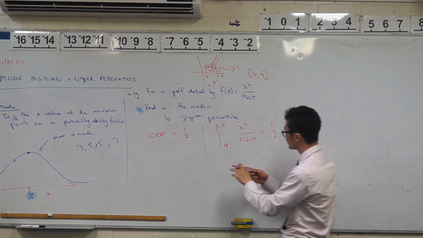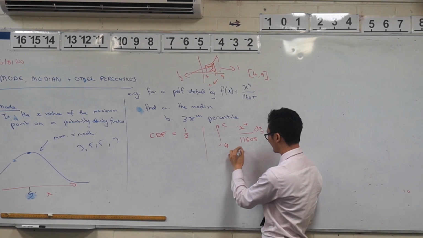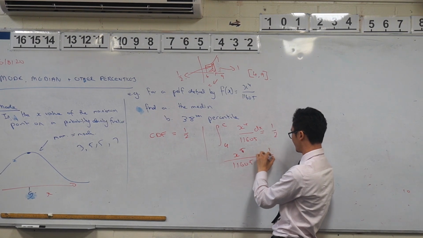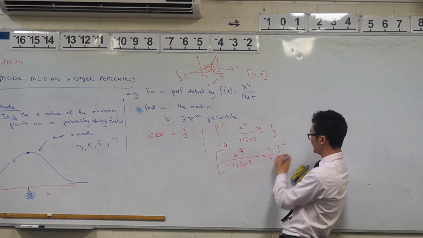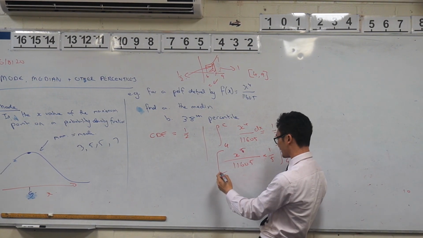So let's integrate this. So we know we get x to the 5 over 1160. That's what happens when I rush. So that with the bounds 4 to C. And then we substitute it in. Sorry, my mistake.